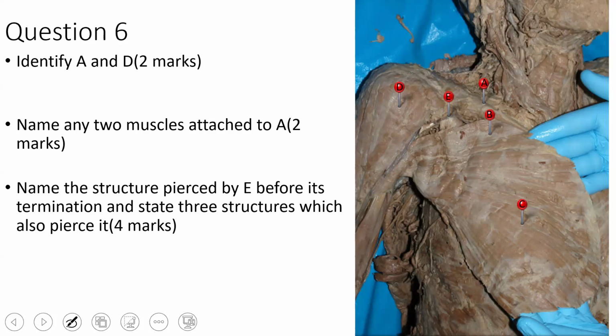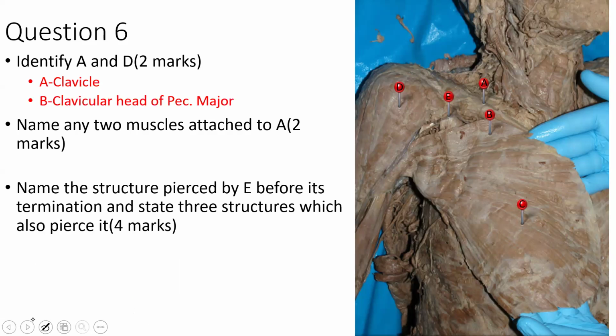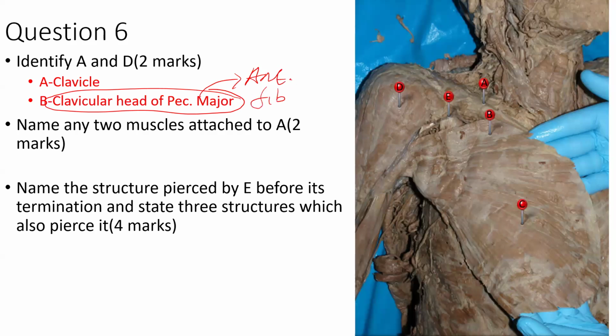Yes, A is clavicle. Now B is your clavicular head of pectoralis major. Okay. Actually, D is not a clavicular head of pectoralis major. I think that was wrong on my side. That's the anterior fibers of deltoid. Sorry for that.